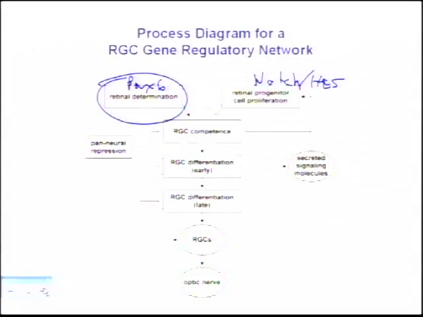And if you're paying attention, you'll know that those are driven by MATH5. And then we move to early differentiation, which is driven by Brn3b, POU4F2, and I'll show you some other transcription factors. And then we move to later transcription factors, differentiation of the ganglion cells, finally the formation of the optic nerve.